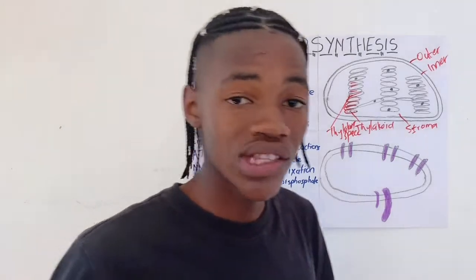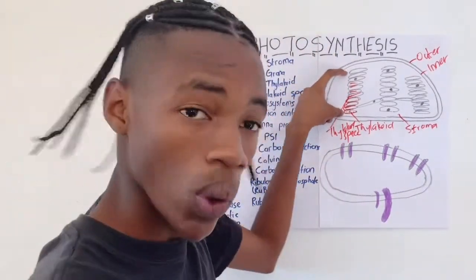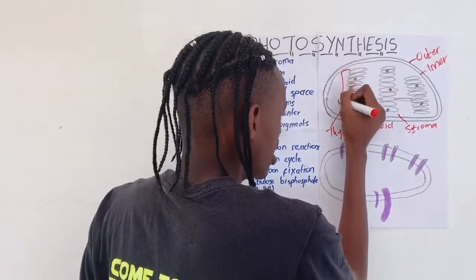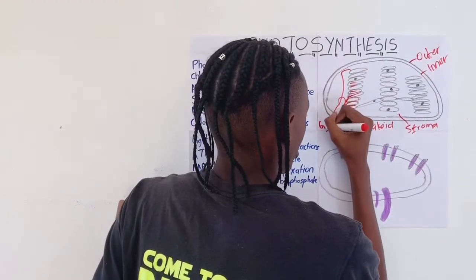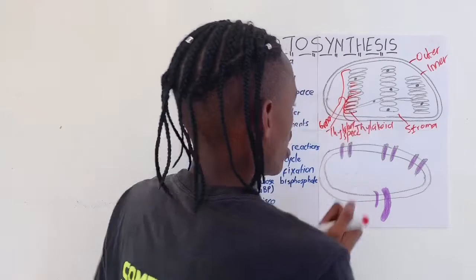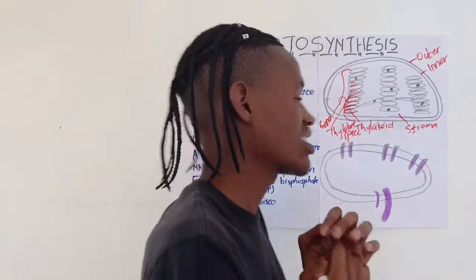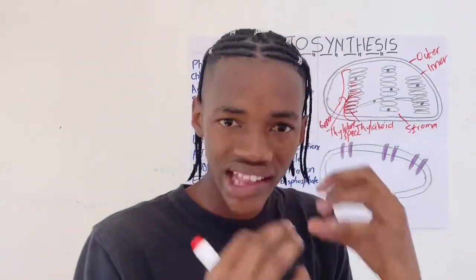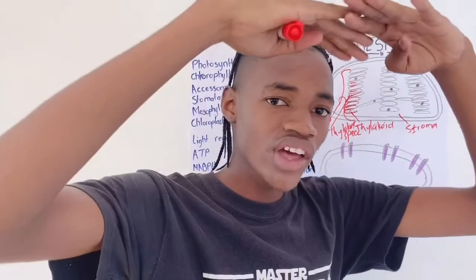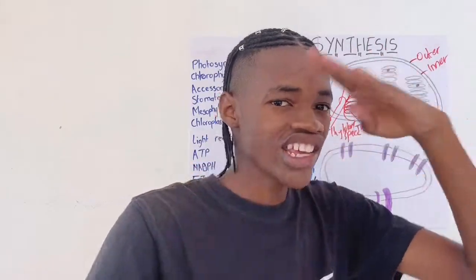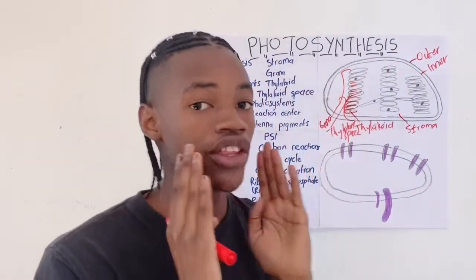And then this whole stack, this whole entire situation, is what we call the grana. Basically the thylakoids are disc-like or pancake-like, and they stack on each other, and each whole stack is called a granum.